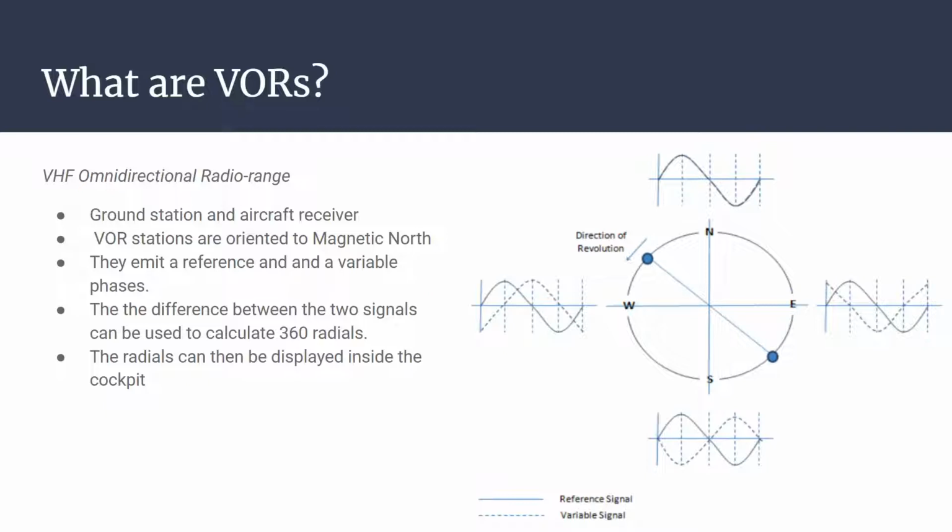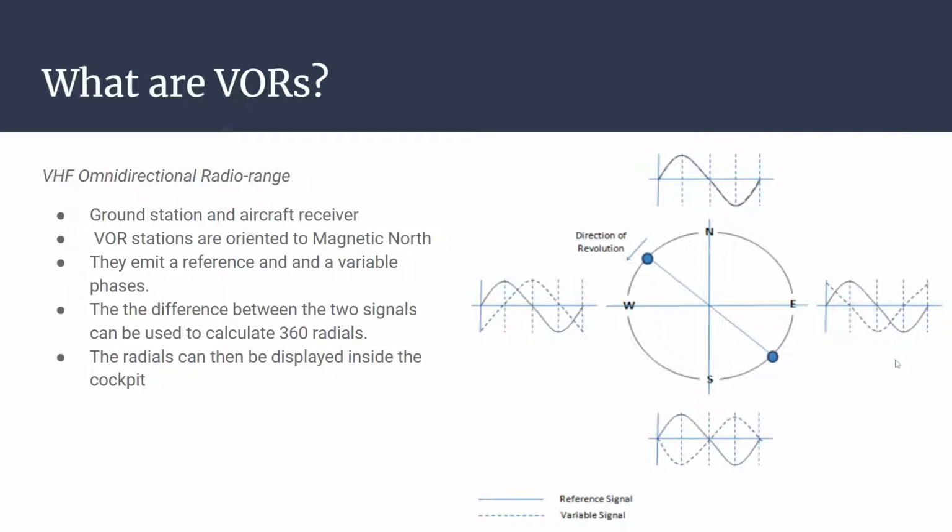So the way it works is that you get two signals. You've got one main signal, and then one that's rotating at approximately 30 RPS, 30 revolutions per second, so very, very fast. That creates these oscillating waves. You can see in this case, with north, the wave function matches the main signal, what we call the reference phase. Everything else will cause a slightly out-of-phase wave, so the dotted line would be the variable phase.